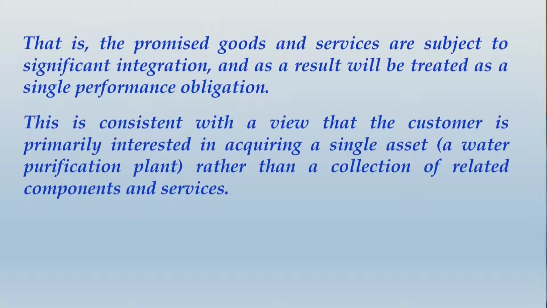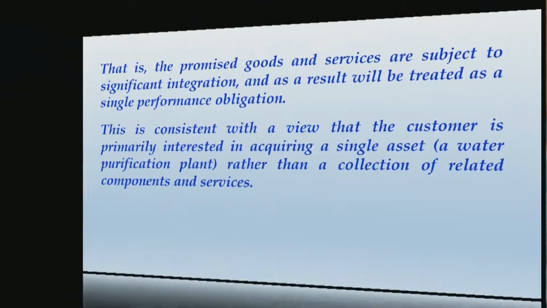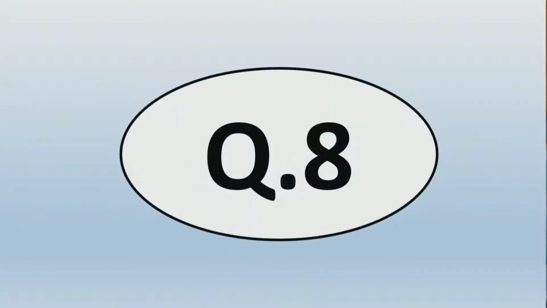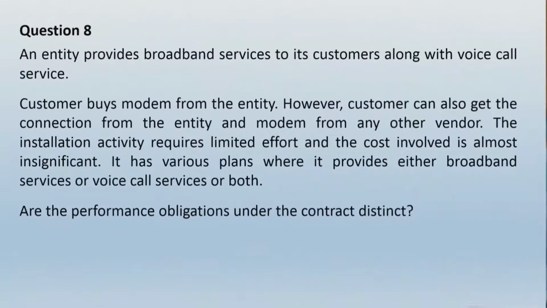Alright friends, you would have finished writing this whole thing. Let us move ahead and take up the next question, that is question number 8. Let us read this question as well. An entity provides broadband services to its customers along with voice call service. Customer buys a modem from the entity. However, the customer can also get the connection from the entity and the modem from any other vendor.